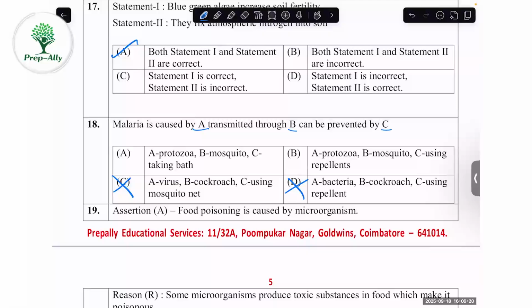No. You have to protect yourself from mosquitoes. Taking a bath doesn't mean mosquitoes won't come and bite. Mosquito bites can be avoided by using repellents, mosquito nets and so on. So the option will be D.